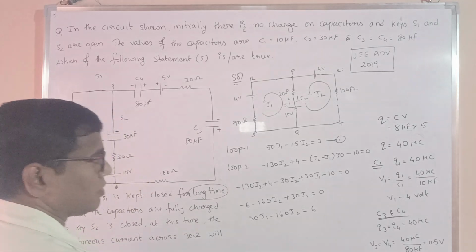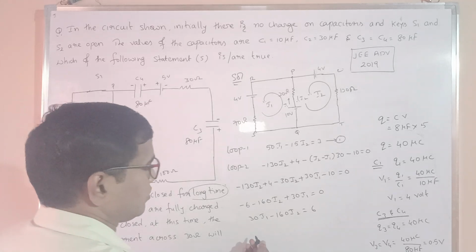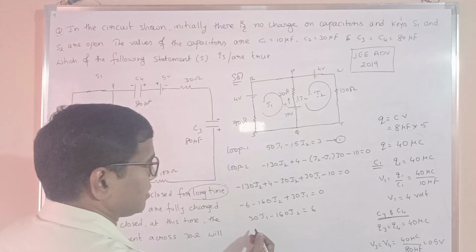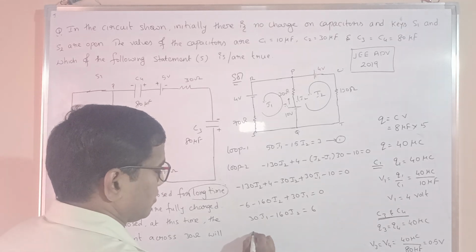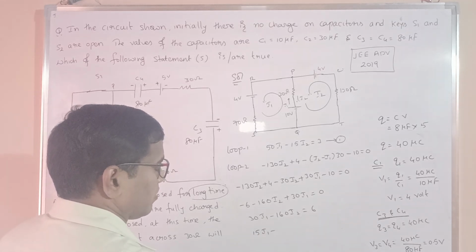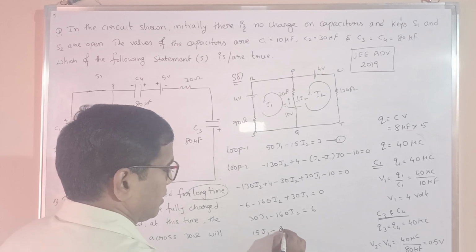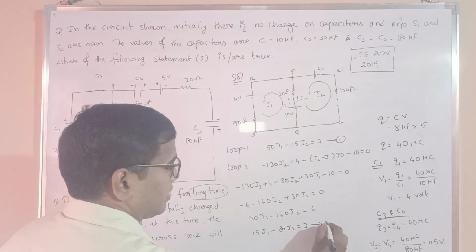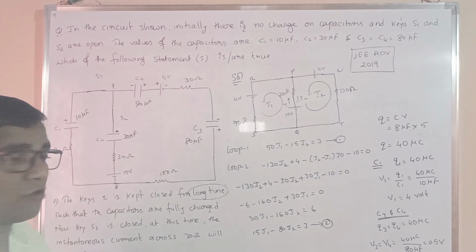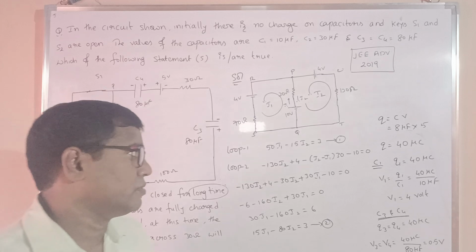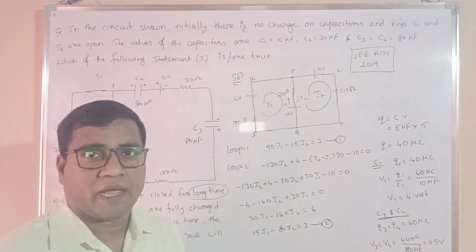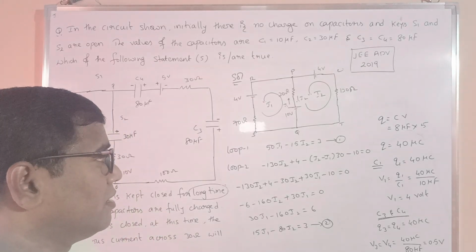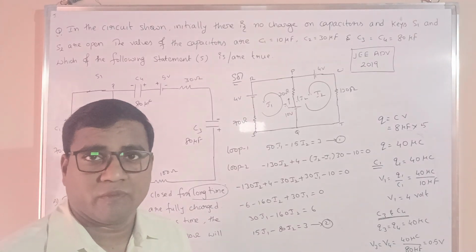So we will get here 15 I1 minus 80 I2 is equal to 3. It is the second expression. I got expression 1 and expression 2. From these two, I have to find out the values of I1 and I2, and after that, I will find the current across the 30 ohm resistance.